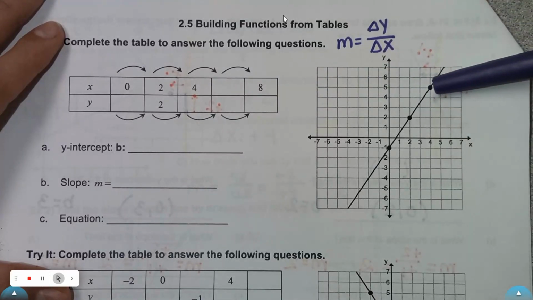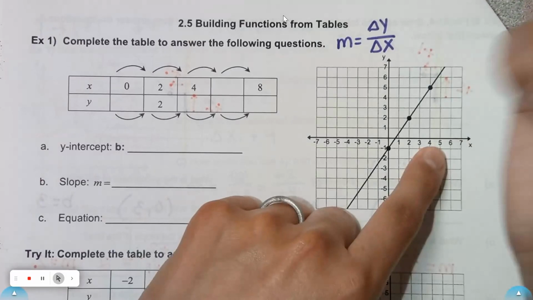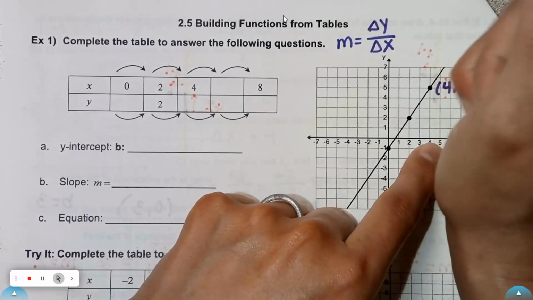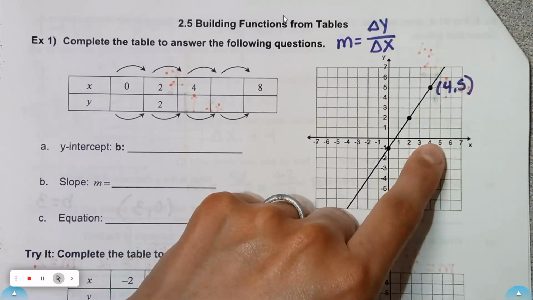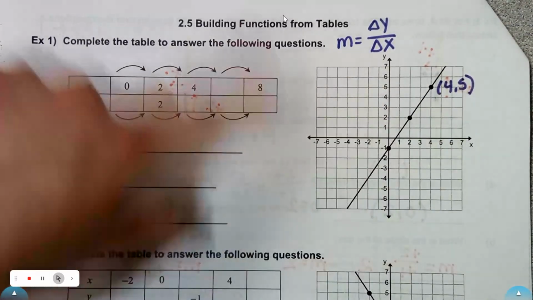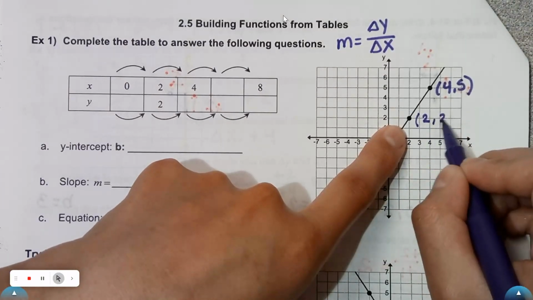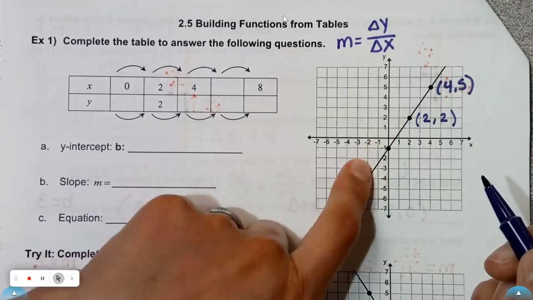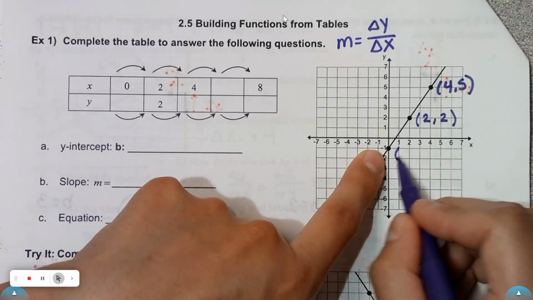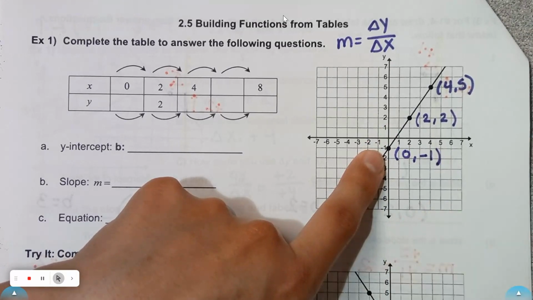If I look at this point up here, the coordinates for this point are 4, 5. Okay, let me fill in all the points and then I'll go and look at my table. If I look at this point right here, this is 2, 2. And if I look at this point down here, this is at 0, negative 1.